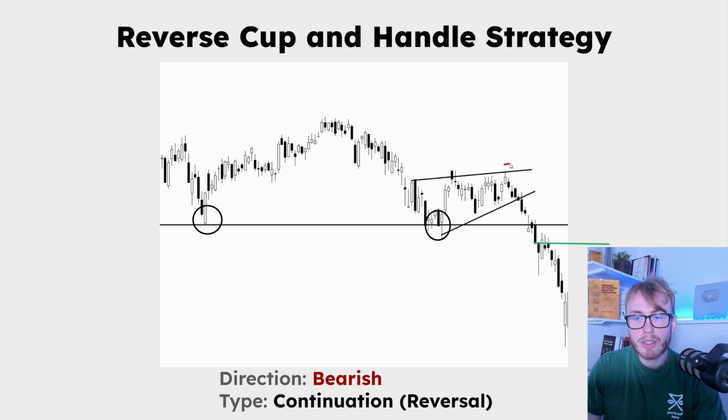For this entry, you could set your stop loss just as we did with the other entry strategy, so all the way up here. However, the downside with this type of stop loss is that your target level has to be so far down. So what you can try to do here is to place your stop loss somewhere above the broken support, right? If you want a much tighter stop loss.